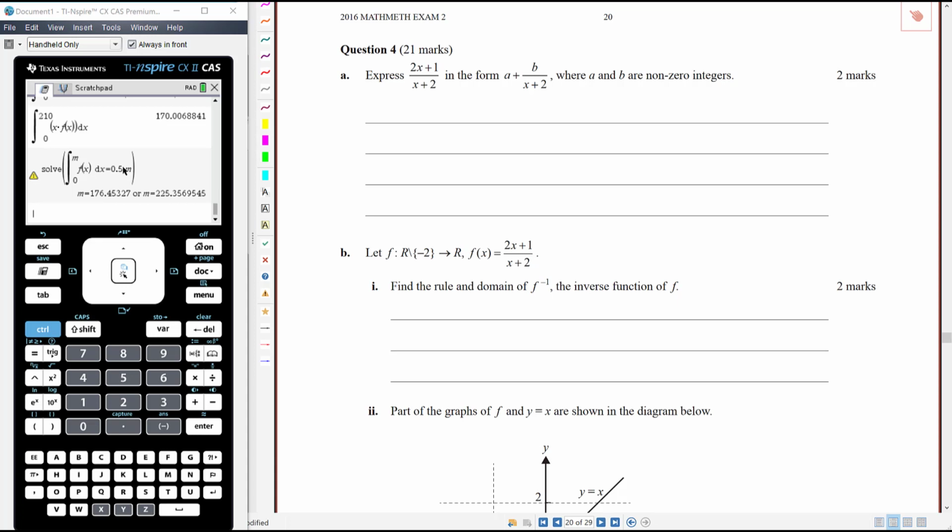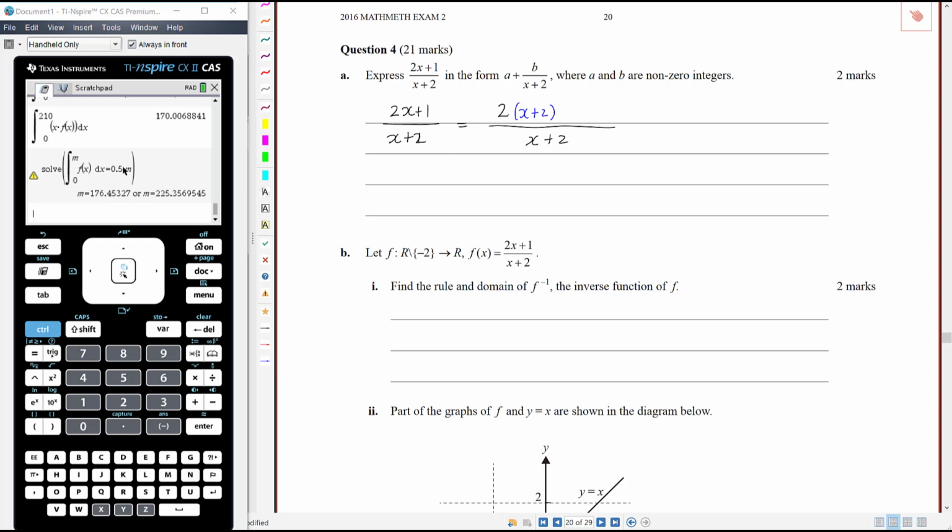I tend to do this by hand by doing what I call forcing the numerator into the denominator. So (2x plus 1) over (x plus 2). So the only way you're going to be able to cancel the x's out of the numerator, which is what you want here, is if there is x plus 2 in the numerator. So I always start by writing x plus 2 in the numerator, and then I work out what has to go around that to make sure that these are still actually equal.